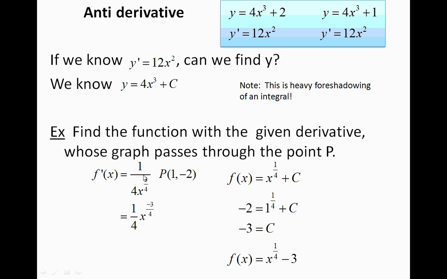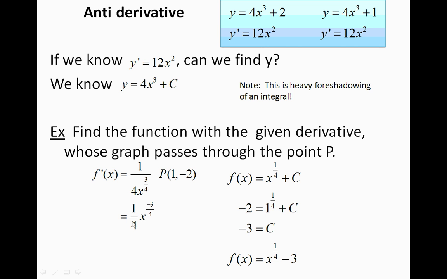Okay, so the directions for this example say: find the function with the given derivative whose graph passes through the point P. So for this problem, they give us not just the derivative equation, but also the point P. I look at my derivative and try to do the opposite of power rule, so I add 1 to the exponent, giving me x to the positive 1/4.